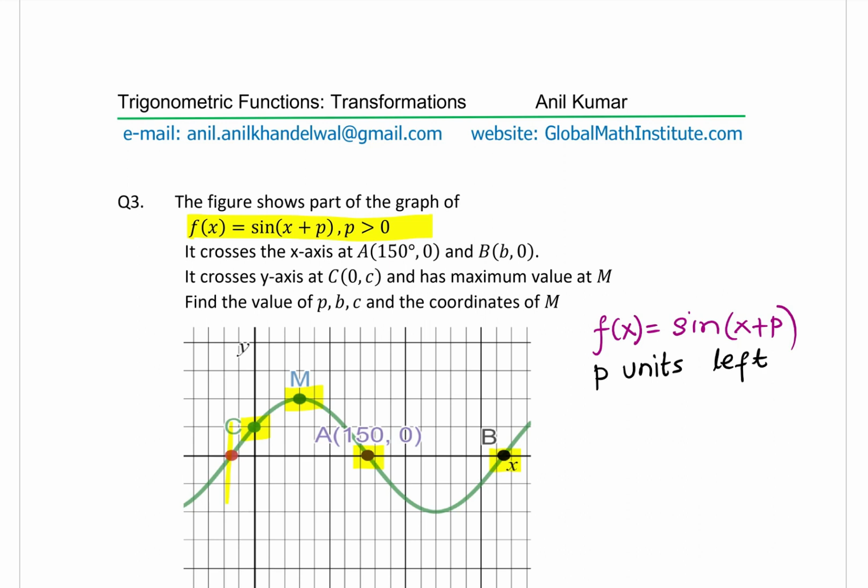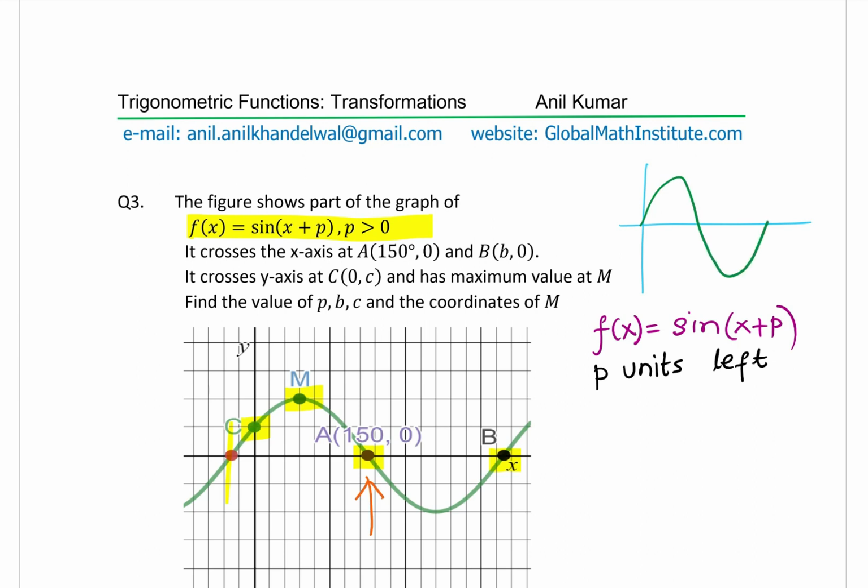How can we figure out? The point here, which is the x-intercept, gives you an idea about the units moved left. Normally, a sine graph will be kind of, let me just sketch here. So it'll be easy for us.